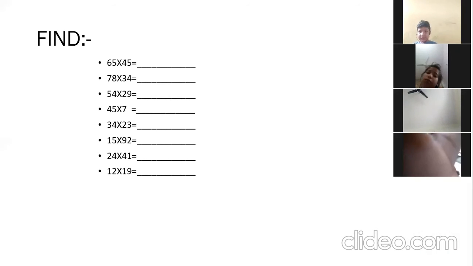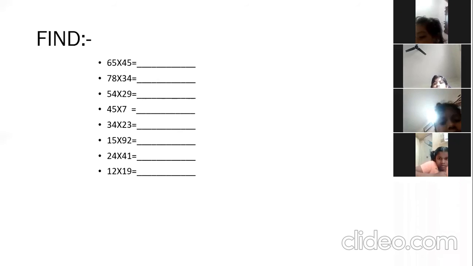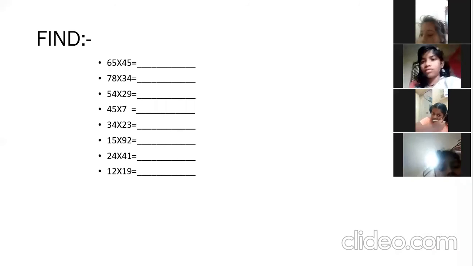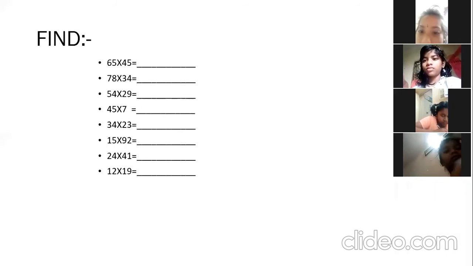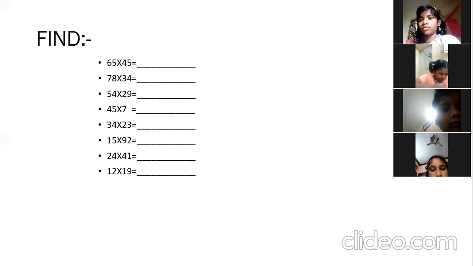8 questions are there. Let me see how fast you are going to do now. Now these are for you. How fast you are going to do, let me check. 65 into 45. How to do this? We did many questions on splitting method. 65 means 60 plus 5. 45 means 40 plus 5.